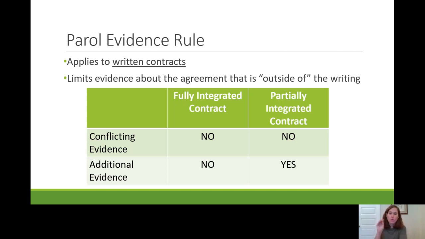So the most important thing here on the parole evidence rule is that if you are in a situation where you are reviewing a written document and you say to yourself, gee, that does not look like what I understood that contract to be, right? This is not the agreement that I thought we had reached.